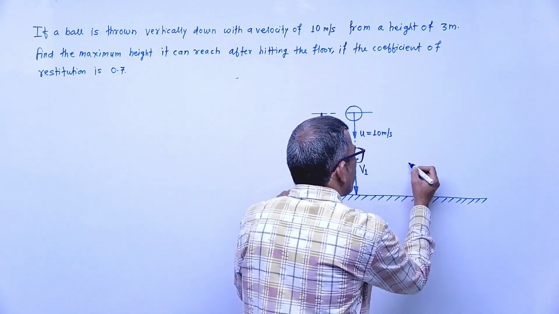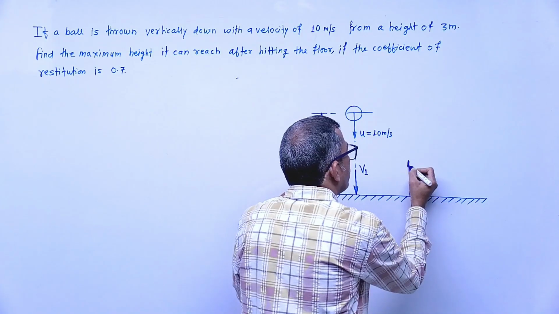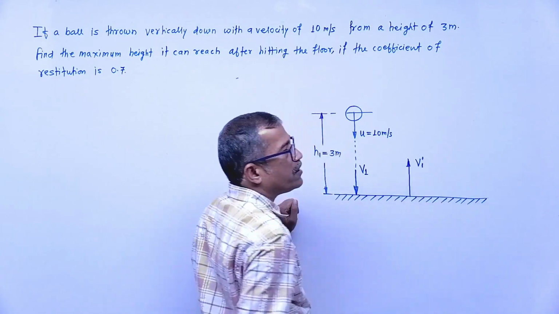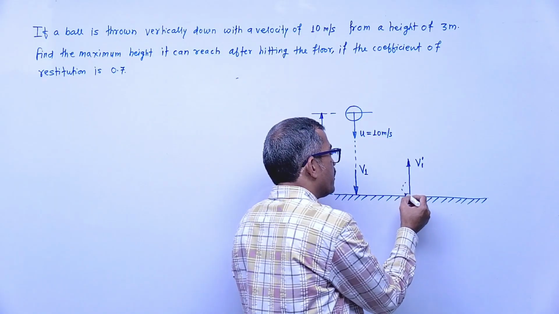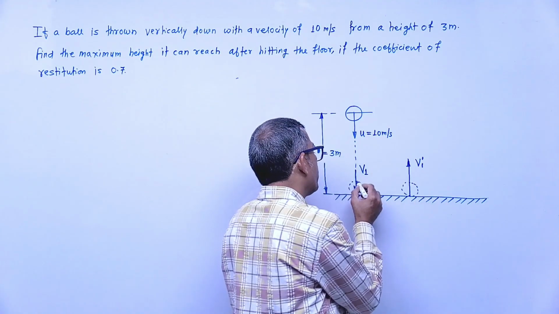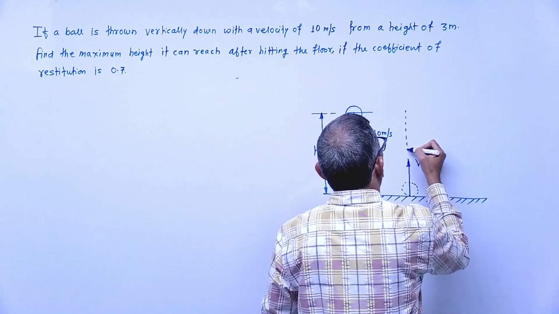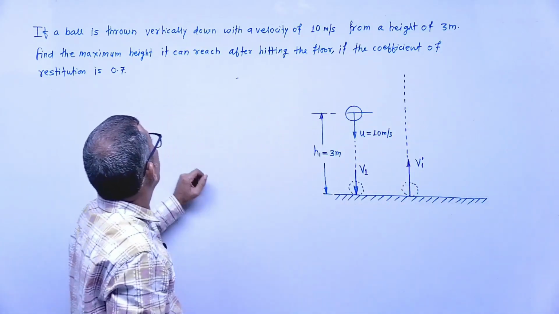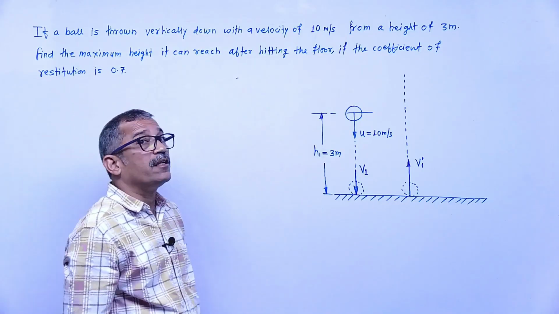It rebounds in upward direction and the velocity after impact will be represented by V1 dash. Now the position of the ball is here when it is in contact. Here it strikes. Now it rebounds in upward direction. What is the problem asking? Find the maximum height it can reach after hitting the floor.